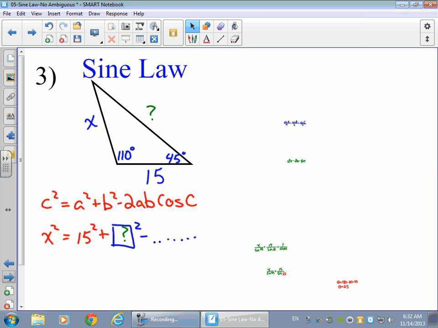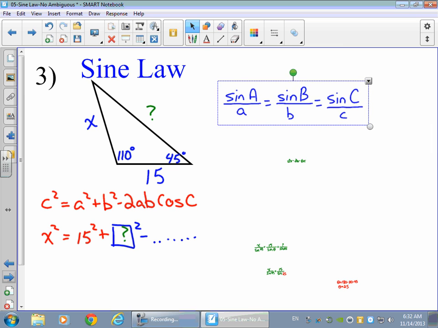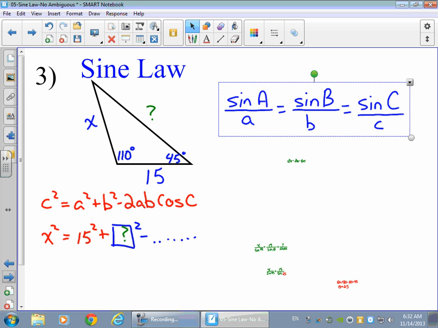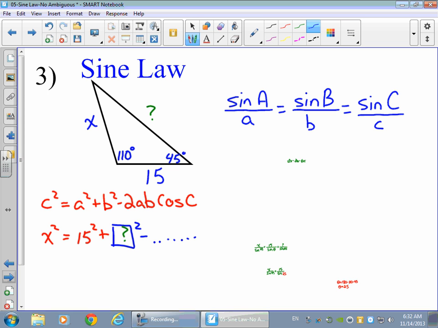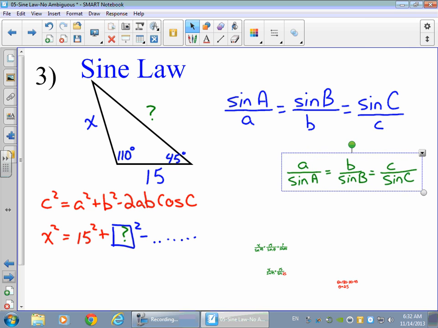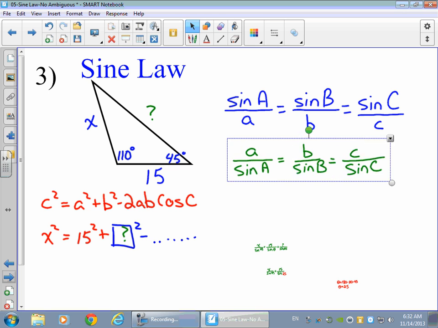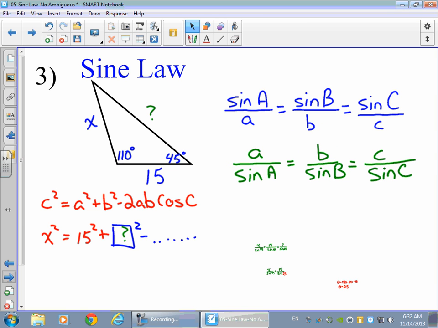And as we said, this will be the sine law. The sine law you've likely seen written down before. It basically relates the sine of an angle to the side that it's across from. So whichever labeling I choose here, I'll choose it in a second once I get to solving the problem. Essentially it's saying that I can relate the sine of an angle with the side across from it throughout the triangle.